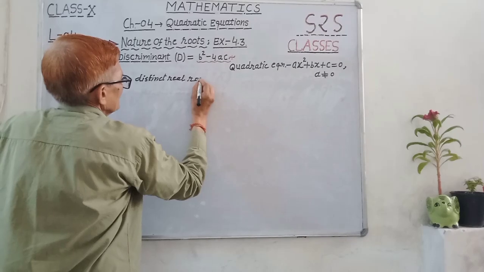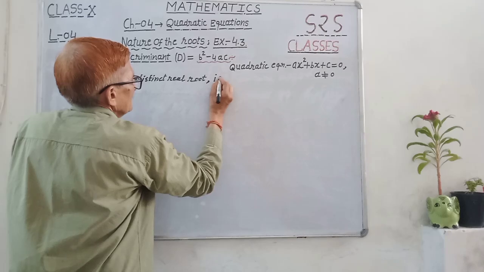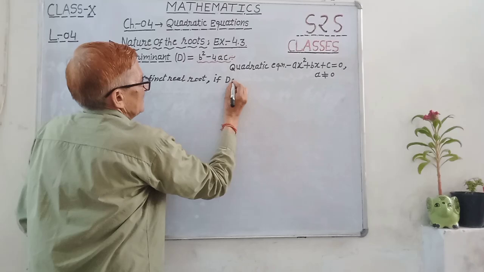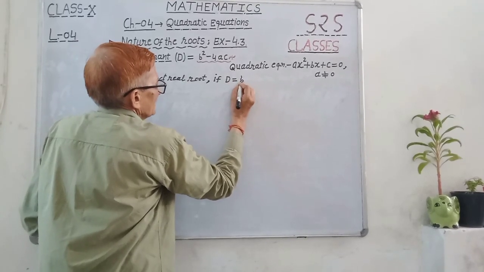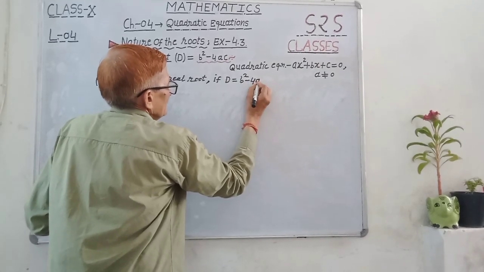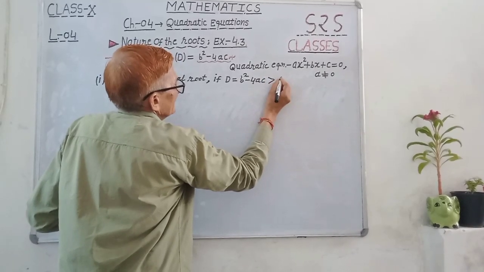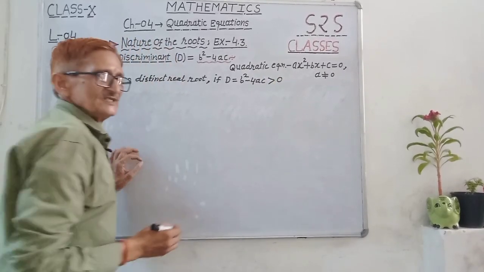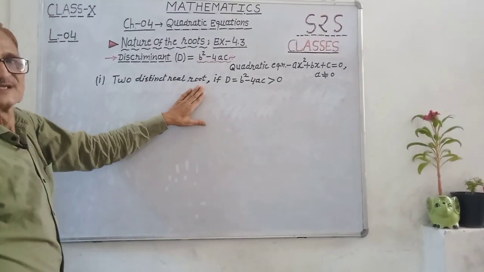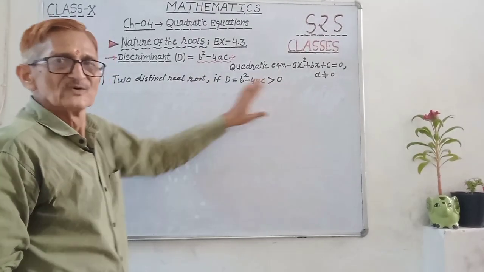This is the nature of the roots. If first case, if discriminant value means b square minus 4ac value, this discriminant is greater than 0 means any positive real number, then in this case two distinct real roots is the nature of the quadratic equation whose discriminant is greater than 0.